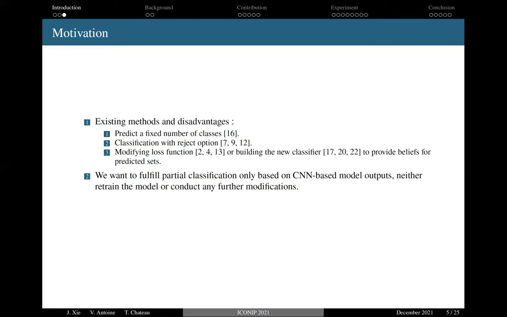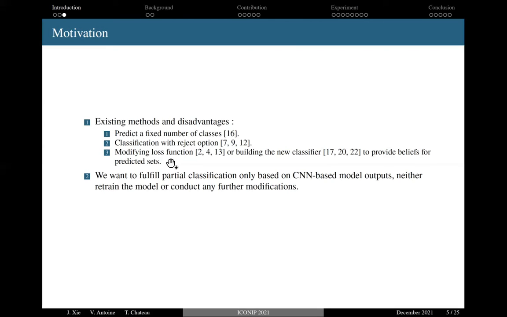Second, classification with reject option by assigning outliers to the empty set of the entire set, reflecting maximum uncertainty. It can be seen as a special case of partial classification by giving belief for one specific class subset.